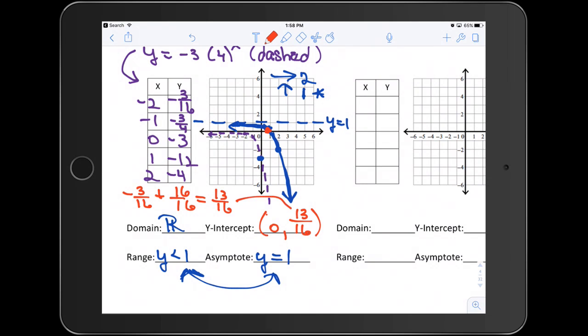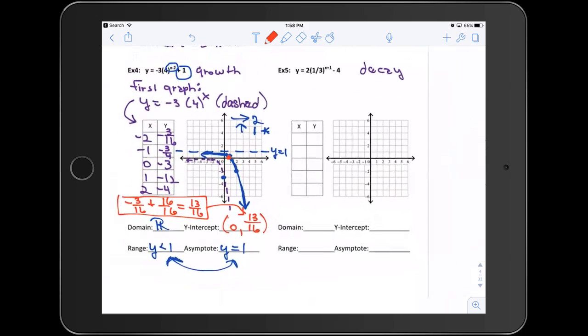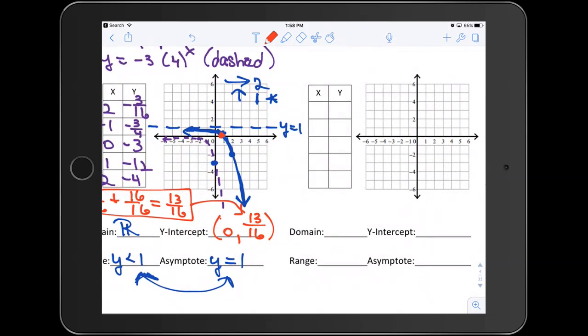So that's where this value is coming from. My graph is a little hard to see. Hopefully with your pencil you can get a more accurate picture of where that's falling, and I just wanted to make sure that you saw the calculation involved with coming up with the exact value.